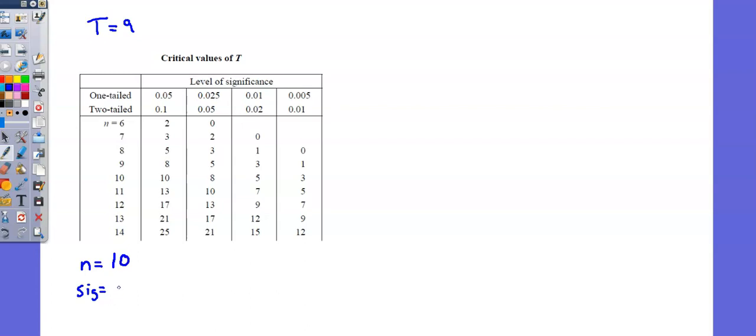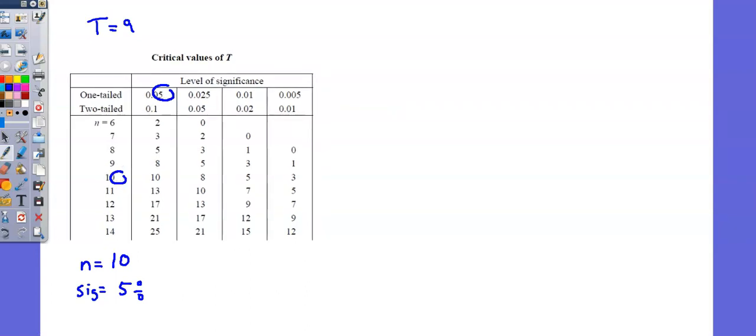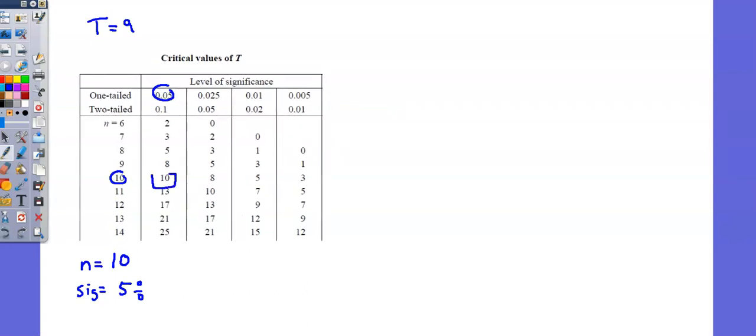The significance, we were given 5%. And so in the table, n equals 10, level of significance 0.05. This is one-tailed, because we're evaluating for greater than. And that gets us to a critical value of 10.